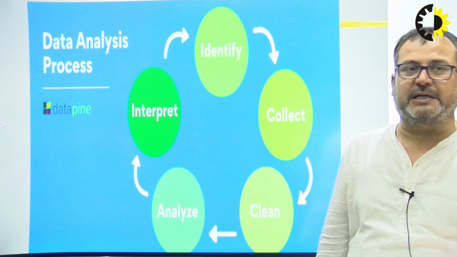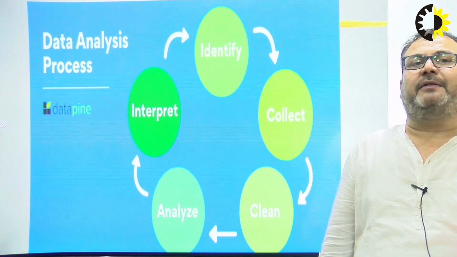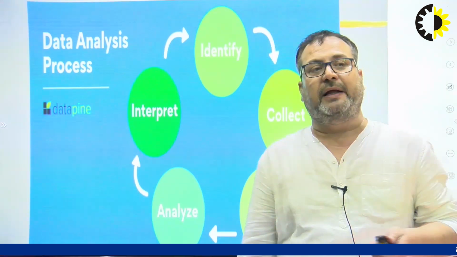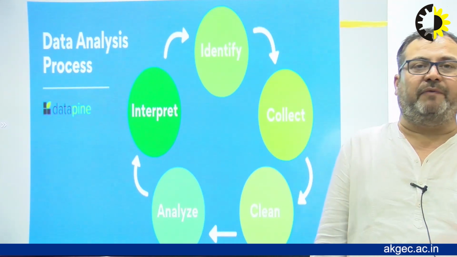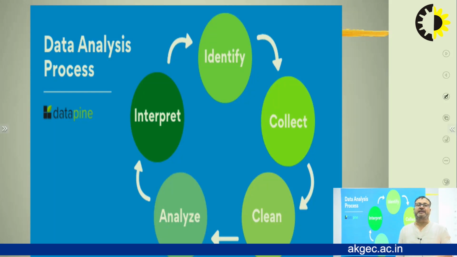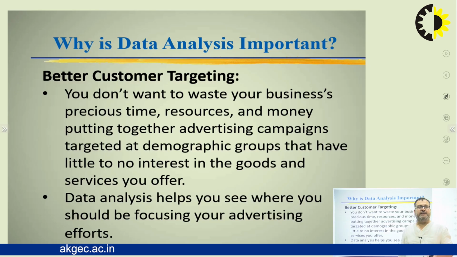Then the next step is data collection. The third is data cleaning, then data analysis, and the last one is data interpretation. When we adopt all five steps, data identification, data collection, data cleaning, data analysis and data interpretation, then we get the insights of the business.